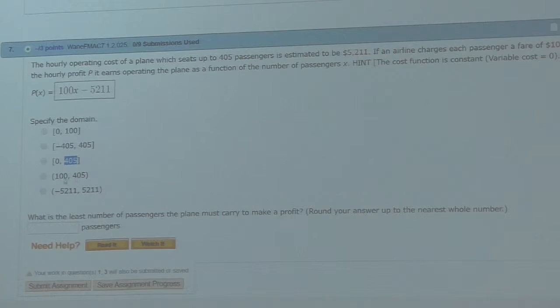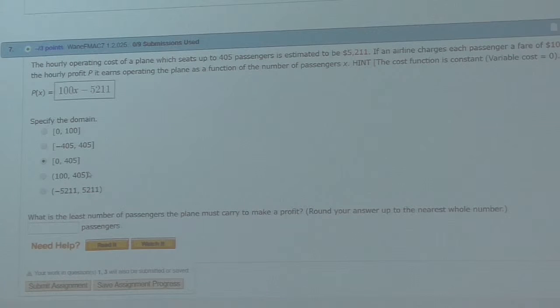Now what's the difference between this notation with the square brackets and this notation with the rounded brackets? This means that 0 is included and 405 is included in this domain. In other words, x can be 0 and x can be 405.